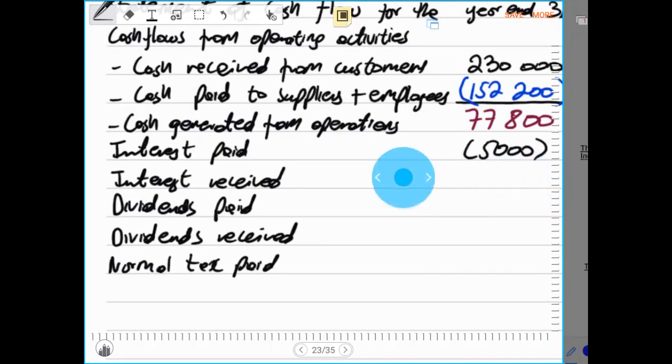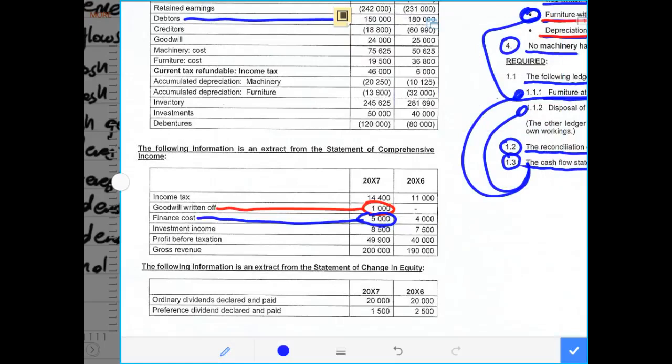Then there was also interest that was received. Interest that was received is also found in the same income statement, the investment income, 8,500. Once again, remember, if there was accrued interest in the current year, that accrued interest will have to be deducted from the main interest income so that we get the portion that was received.